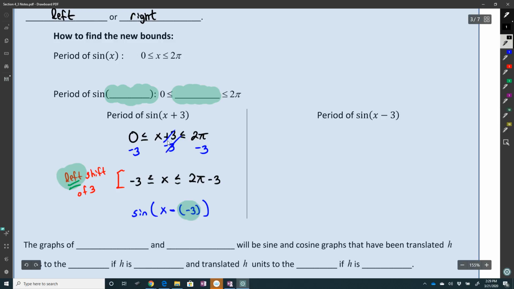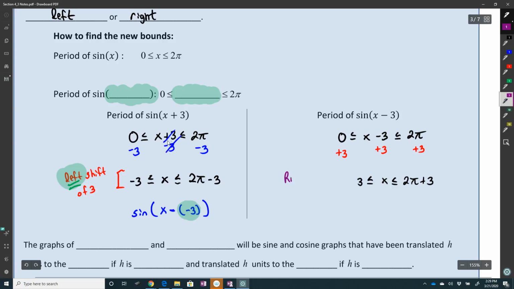Same thing here. 0 less than or equal to x minus 3 less than or equal to 2 pi. So instead, I'm adding 3, and my new expression becomes 3 less than or equal to x less than or equal to 2 pi plus 3.